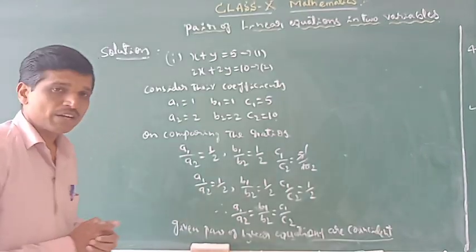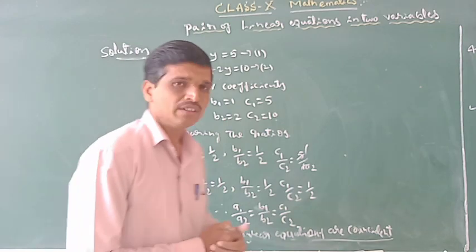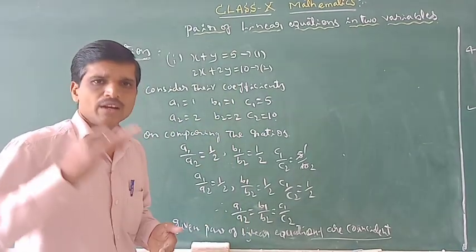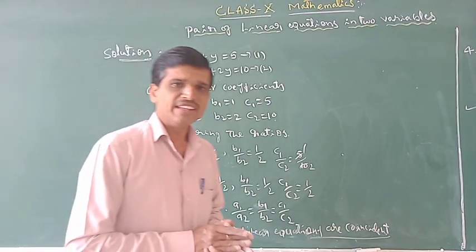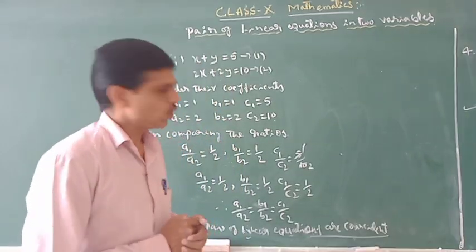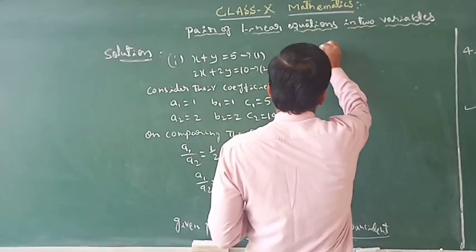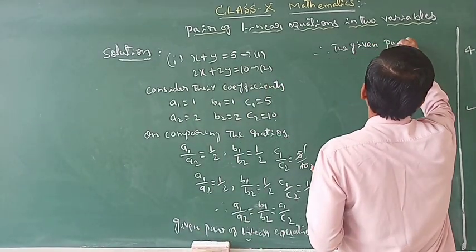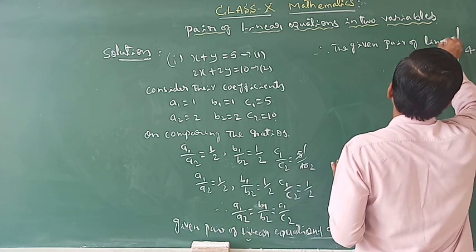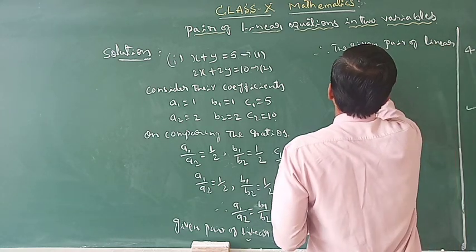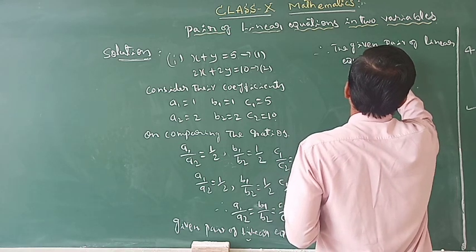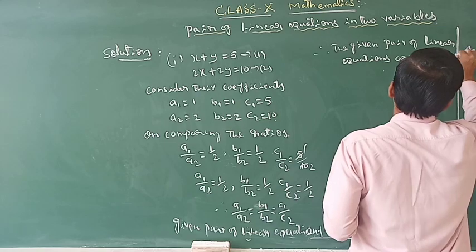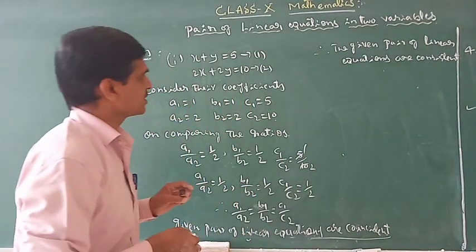Hence, coincident means what? What is the interpretation? The graphical interpretation, as well as the algebraic interpretation, is that if lines are coincident, then they are consistent. Therefore, the given pair of linear equations are consistent.